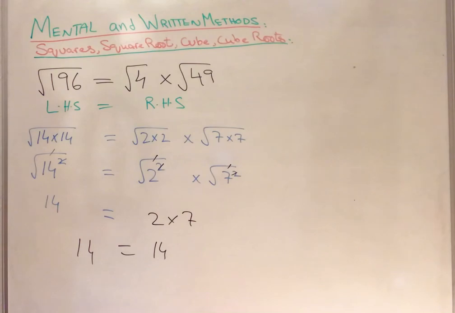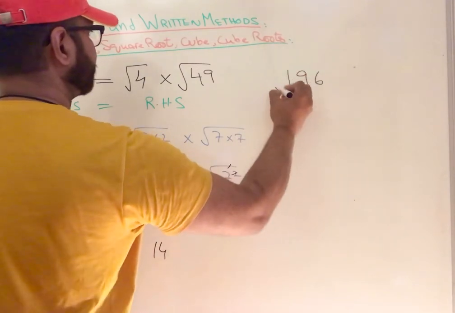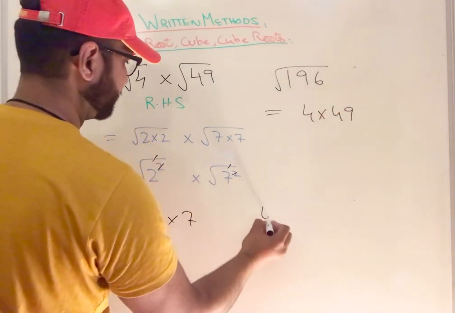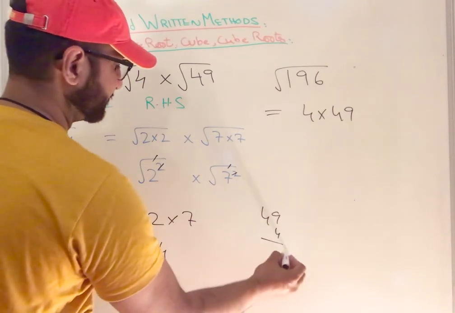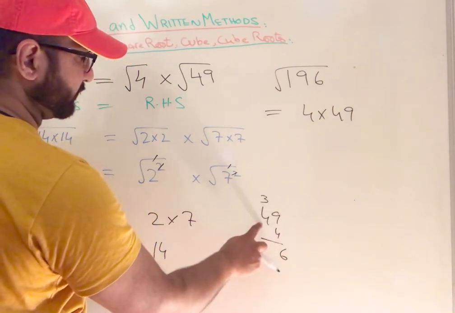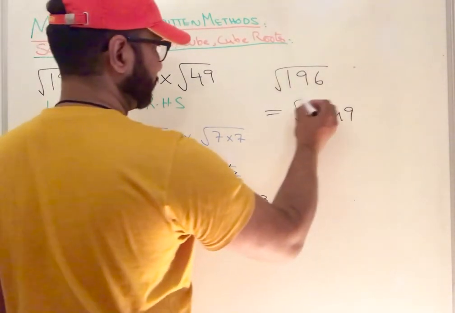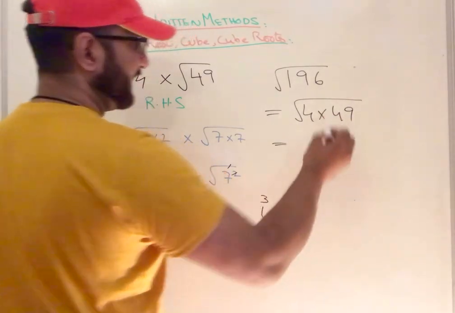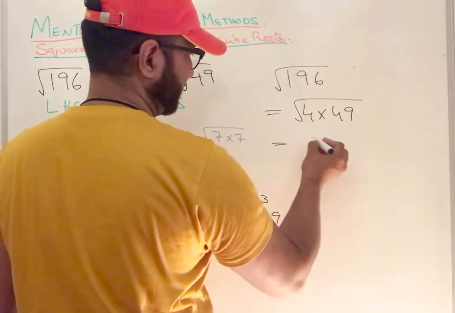We can write it either way like that, or you can say here the square root of 196 equals the square root of 4 times 49. Let's see, 49 times 4: 4 times 9 is 36, 3 carries, 4 times 4 is 16, plus 3, so 196. And if anything has a power of half, what does it mean?